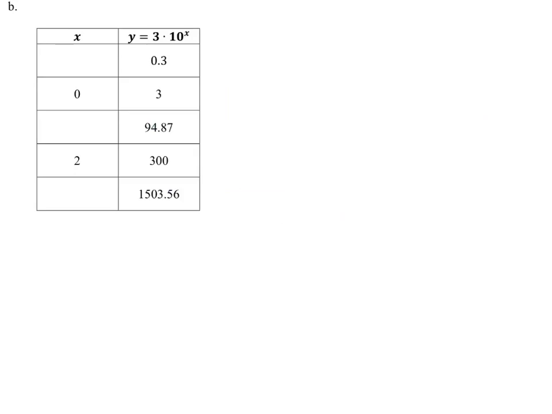On table B, it's pretty much the same thing except for I have this 3 that's part of 10 to the x. So if I'm doing the first entry on this table, the 0.3, I would say 0.3 is equal to 3 times 10 to the x. And then I need to get the 10 to the x by itself.